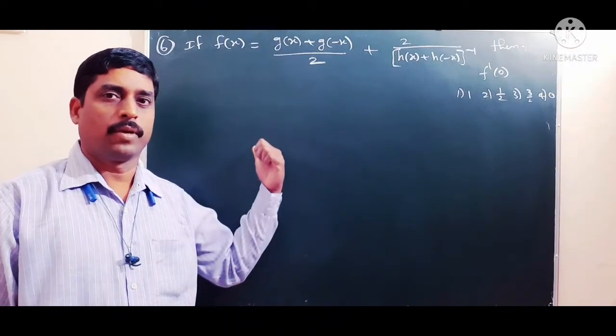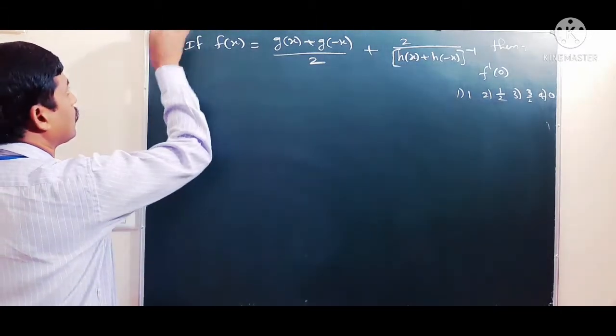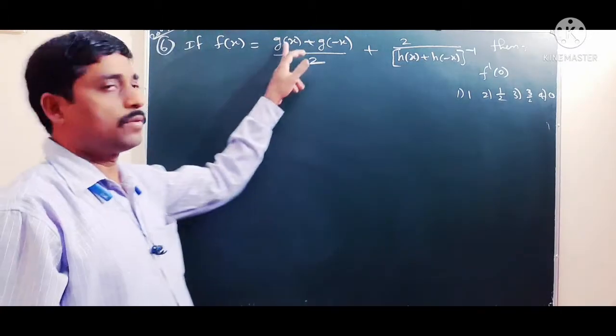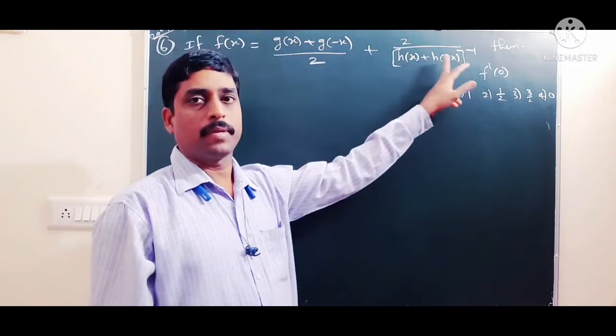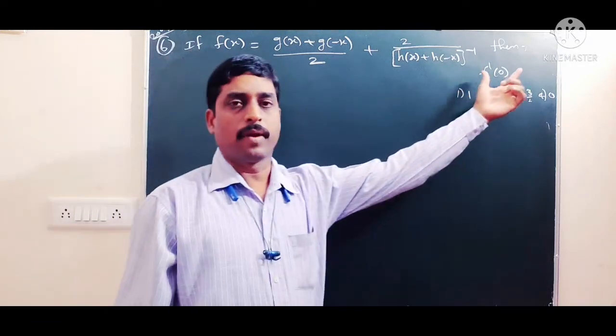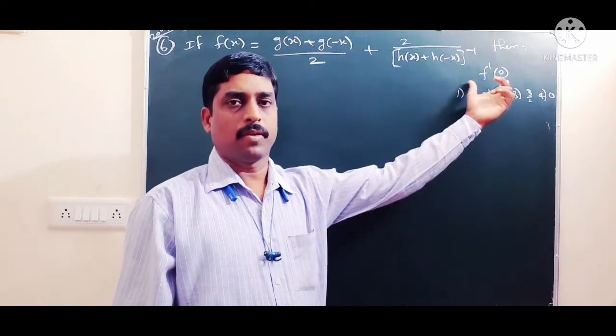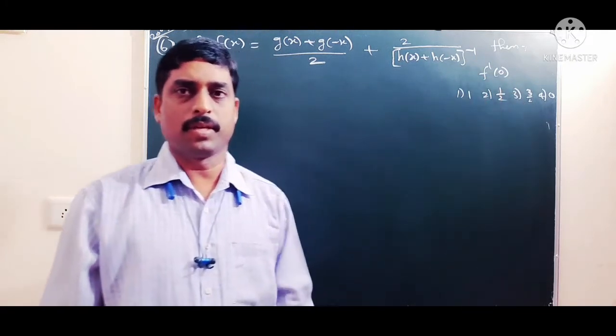Okay, look at the next question. This is from a 2009 question. f of x equals (g of x plus g of minus x) by 2 plus 2 by (h of x plus h of minus x) whole inverse. Then we have to find f dash of 0. For f dash of 0, first we find f dash x, then put x equal to 0.